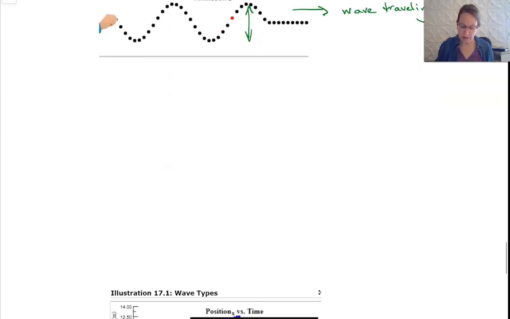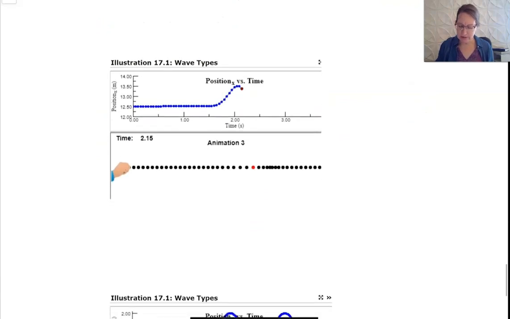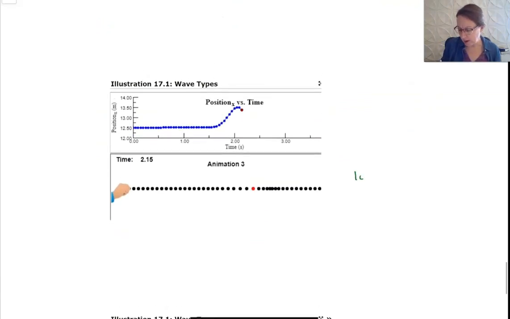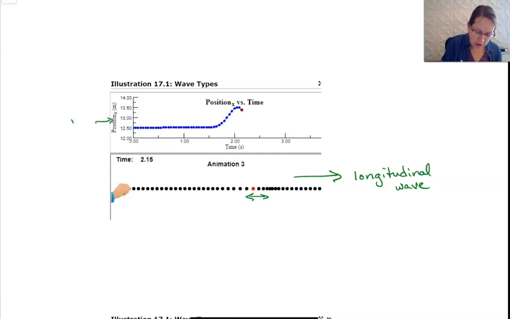We can compare that with this longitudinal wave, where we have this compression. This is the direction of the wave travel, and this is the direction of the oscillation of the wave. And notice again, this is the horizontal position of this red dot.